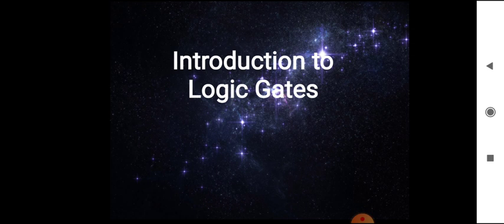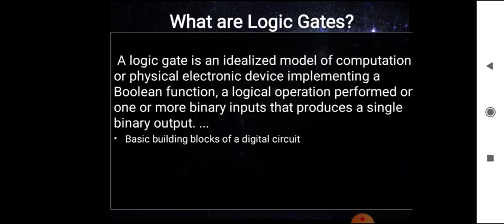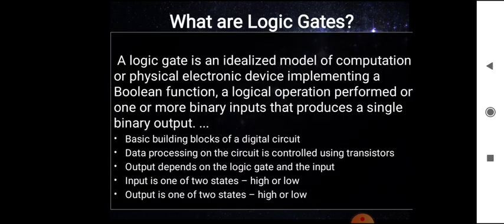So it uses only the binary digits 0 and 1. Generally any logic gate has two or more inputs and only one output. If the output is 1, that means high. If the output is 0, that means low.